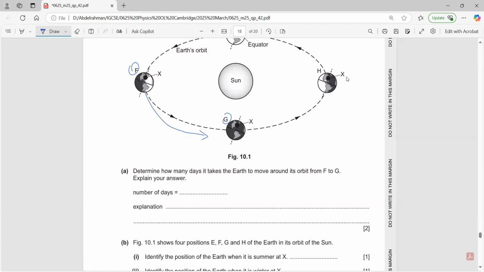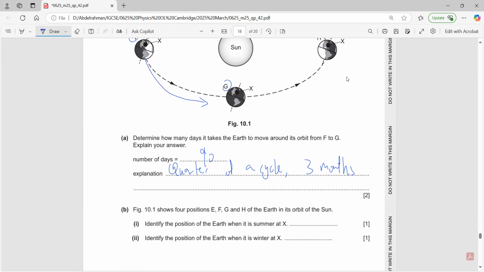F to G, it's around 90 days. Why? Because this is only a quarter of a cycle, which means it's around 3 months.